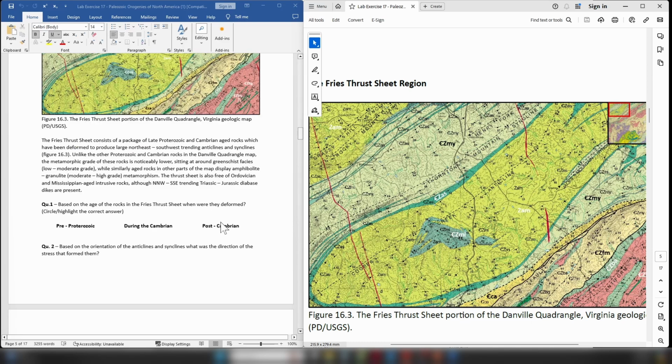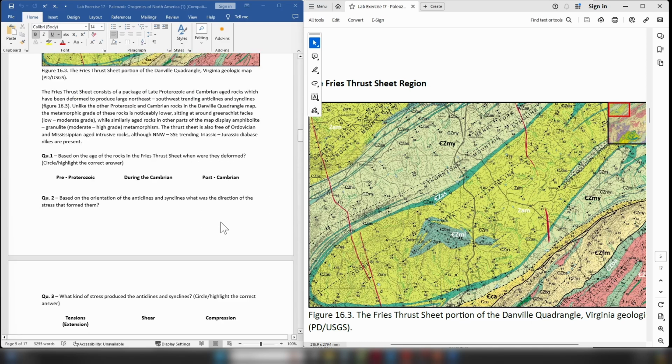Okay. So question 1 for the analysis of the Fry's thrust sheet asks us, based on the age of the rocks in the Fry's thrust sheet, when were they deformed? So were they deformed pre-Proterozoic, during the Cambrian, or post-Cambrian? So remember what we discussed in the previous video about the timing of deformation. Remember, you can only deform rocks which are already present.